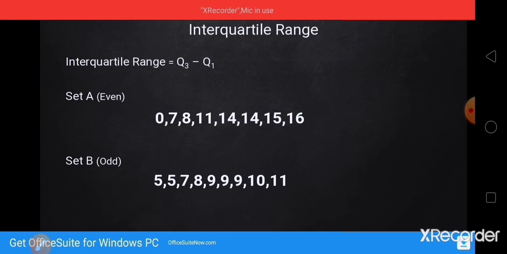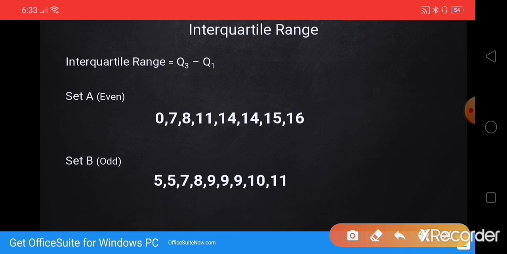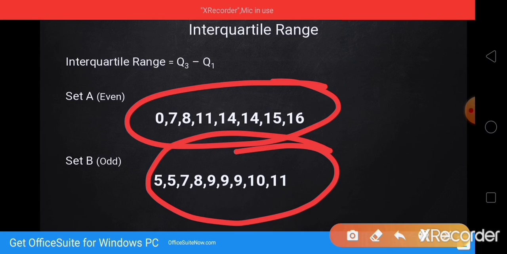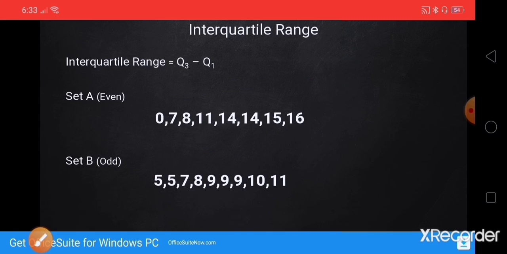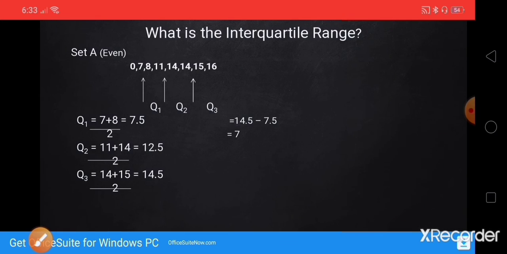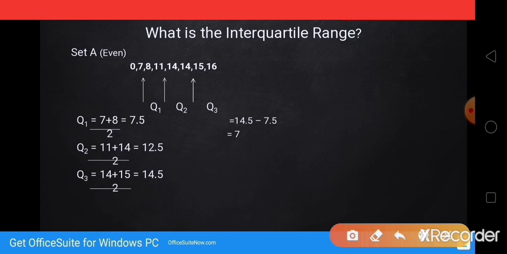For interquartile range, there are two sets of data, the even and the odd. The formula for the interquartile range is quartile 3 minus quartile 1. To identify quartile 1 and quartile 3, you need to find the median of the set of data.